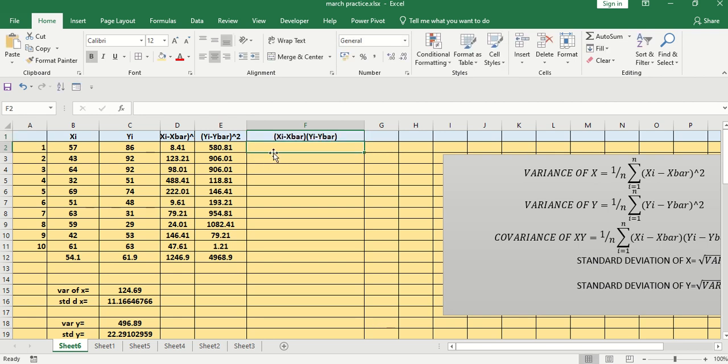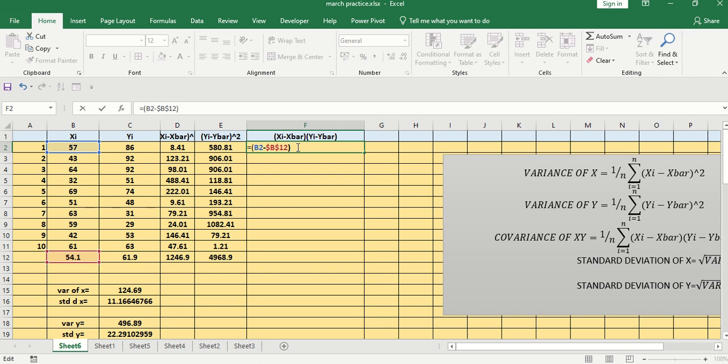Okay, so here we go. Click the equal sign, then select the first value of xi. First open the bracket. After clicking the first value of xi, minus its mean. Remember to bind the mean, then close the bracket, then multiply.